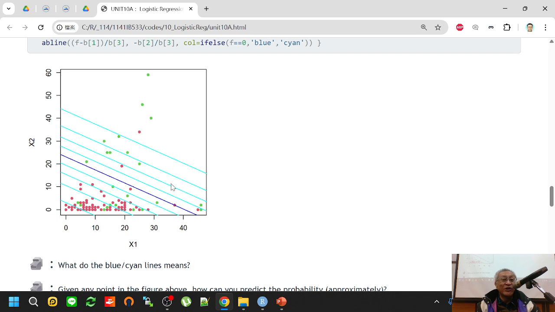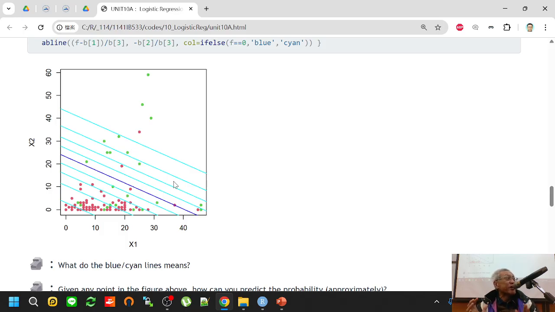So if I have a point here, in between that, approximately what is the probability? Yeah, 0.7 something, right? 0.75 or 0.7, right?